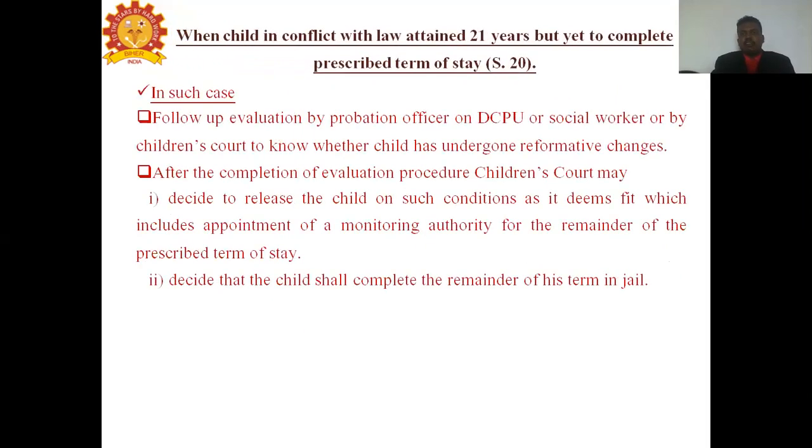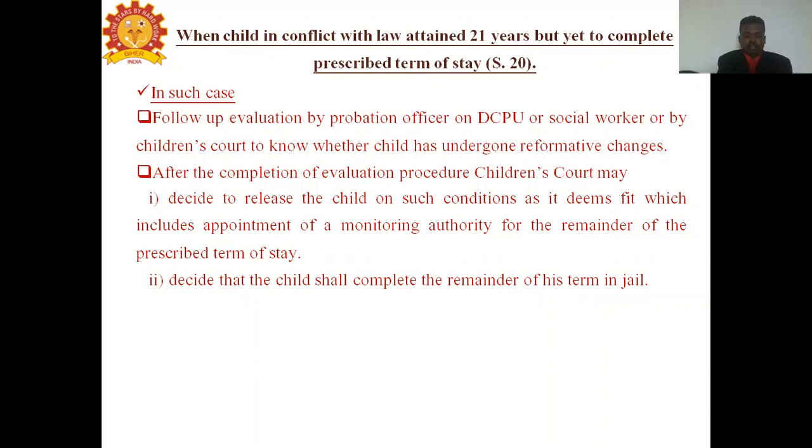When a child in conflict with law attains 25 years but has yet to complete the prescribed term of stay, Section 20 applies. In such a case, there follows an evaluation by a probation officer, DCPU or social worker, ordered by the children's court, to know whether the child has undergone reformative changes.